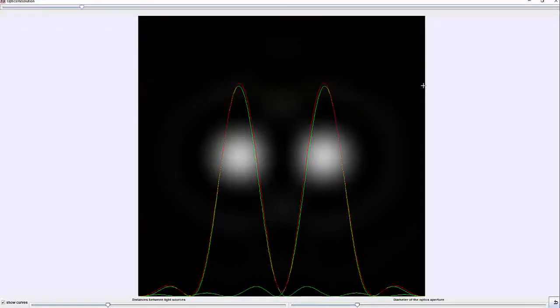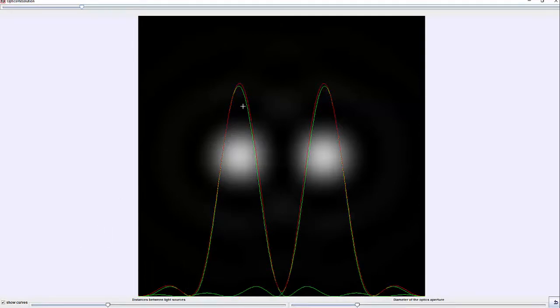This is a simulation of how resolving power can make things look much different. And on this, I have the ability to change the effective diameter of the aperture on the telescope, or whatever the instrument happens to be, and then change the separation of the two light sources.